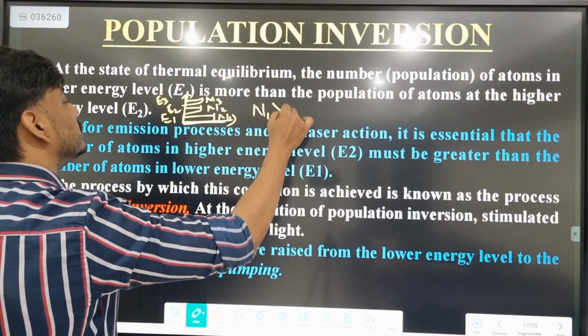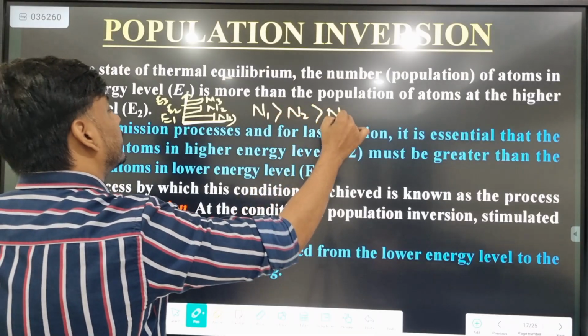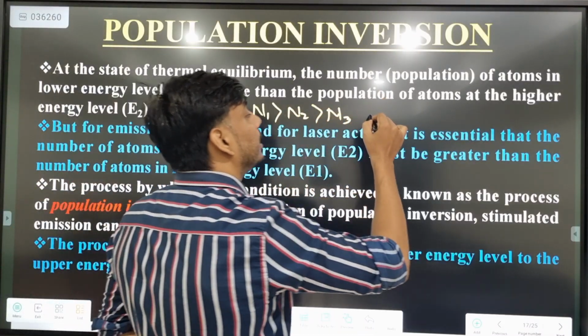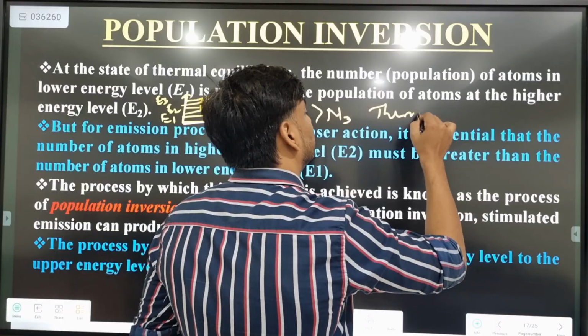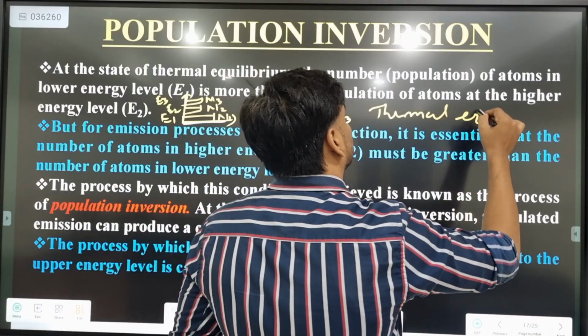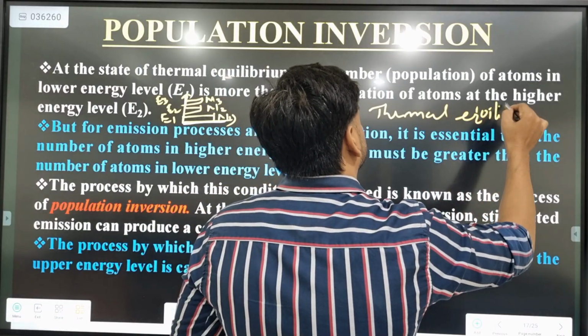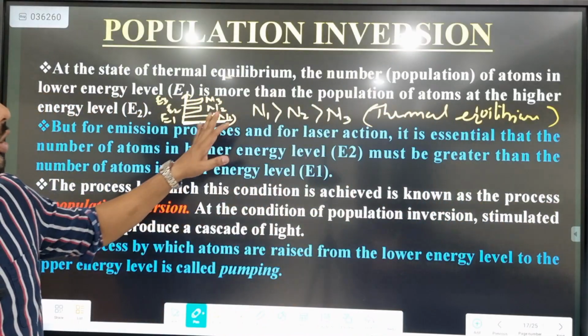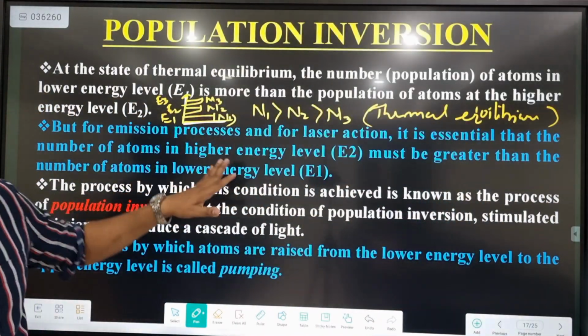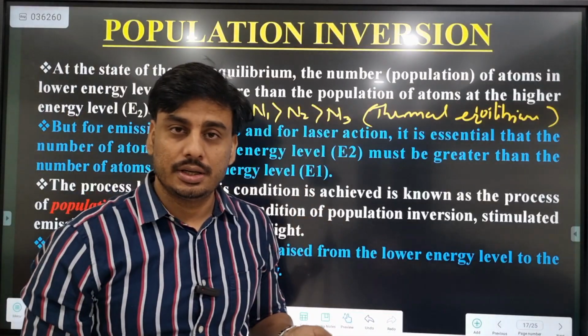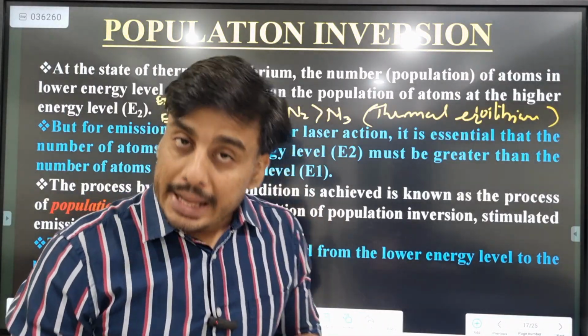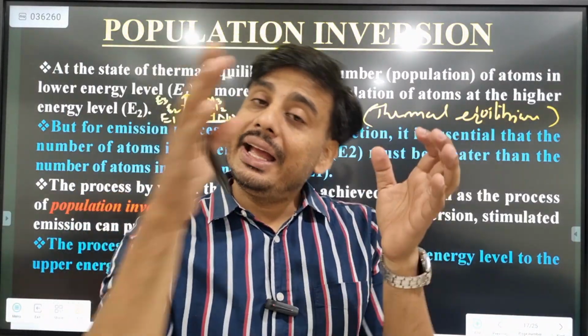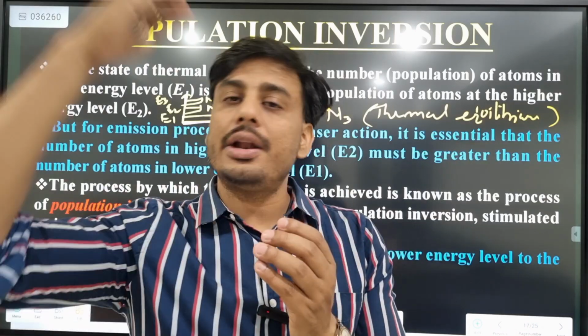Always you will get N1 greater than N2 greater than N3 in thermal equilibrium. But in the excitation process, when they get some energy, they will move to a higher energy state.